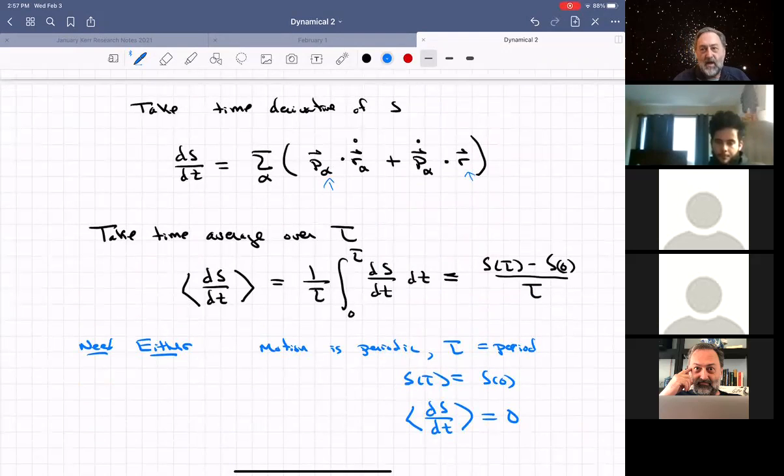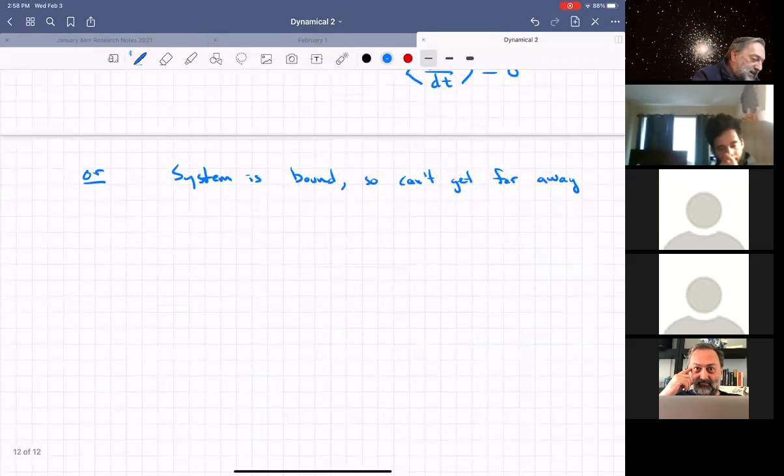If the system is not bound and I can escape to infinity, then that R could become infinity. Or I might have a really big unbounded momentum. But if the system is bound, like a solar system or a galaxy or a cluster of galaxies or a cloud of gases that are gravitationally bound to each other or a set of springs, objects connected to springs. So I can't get far away.